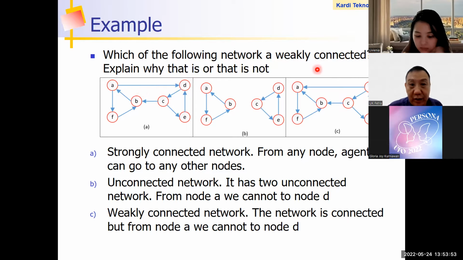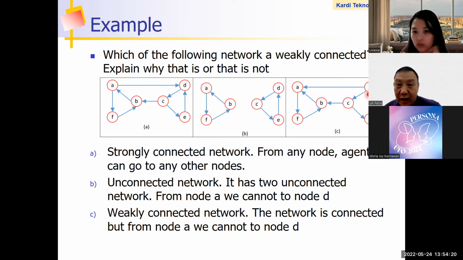Again, which one is weakly connected and which one is strongly connected? How about A? A is strongly connected, right? From any node, you can go to any other node. This one is unconnected, which is part of weakly connected.